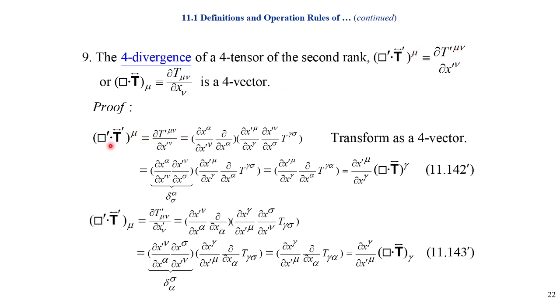First, let's write it as a vector. It should be a four vector. A four vector should transform as the Lorentz transformation. So the four divergence of a four tensor of the second rank, μ, we write into this form: ∂x'^μ over ∂x'^ν, T'^{μν}.